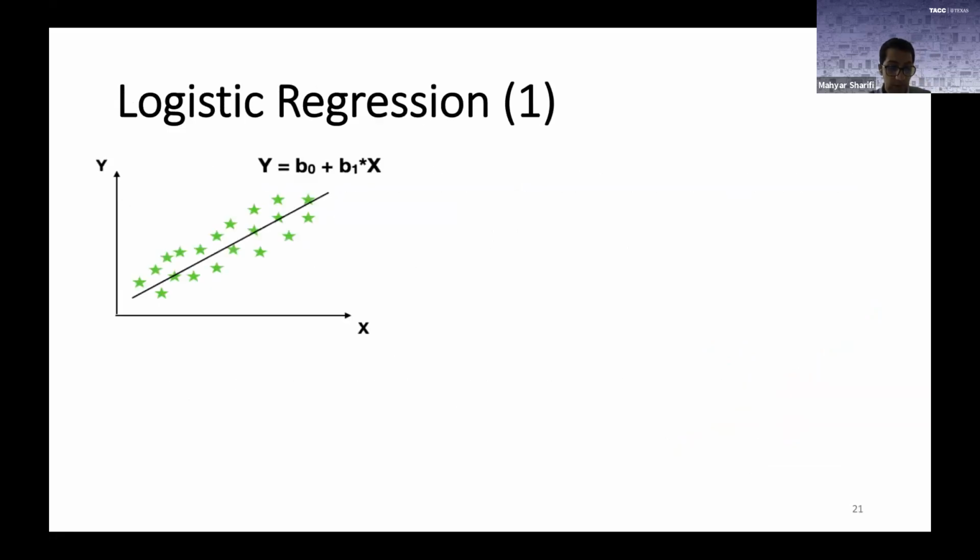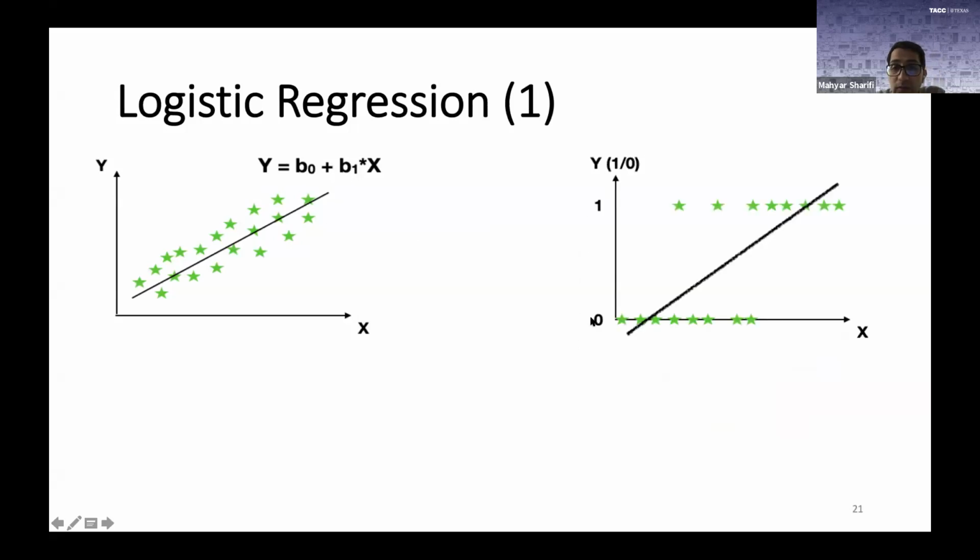Now that we have discussed how to handle these types of data sets, in 1D we fit a line, and in higher dimensions we fit a plane to the data. But what if our dependent variable is binary and categorical, where the data set is either 1 or 0 according to its feature?